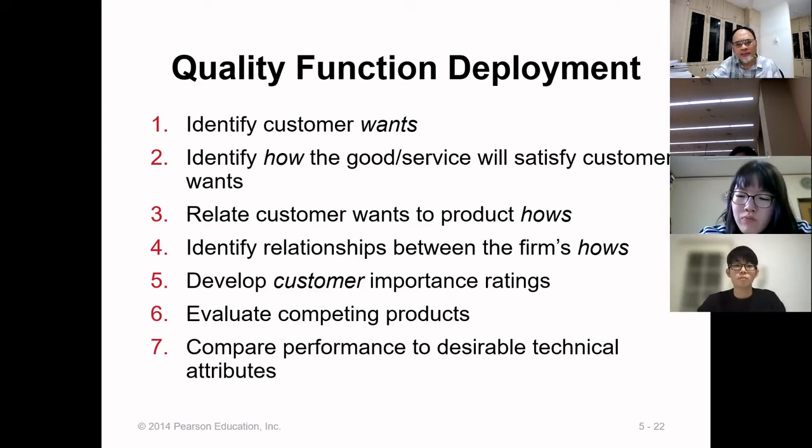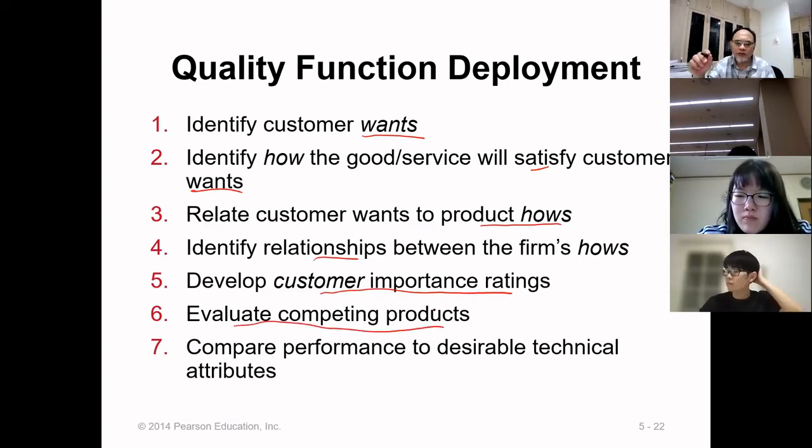What it does is you identify the customer wants, and then you identify how you are going to satisfy these so-called wants. It's not needs yet, it's just wants. And how to fulfill that, and you relate customer wants to the product house. How can we achieve what the customer wants, and you identify relationships, you develop customer importance ratings, and you evaluate competing products.